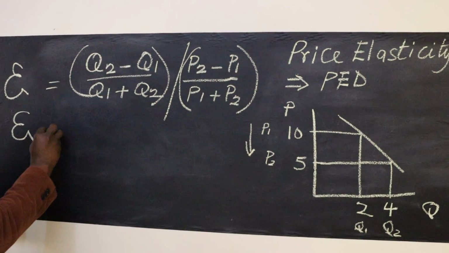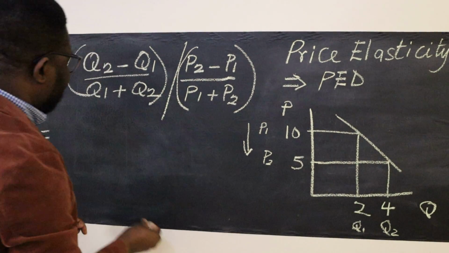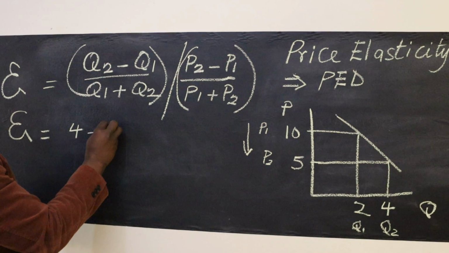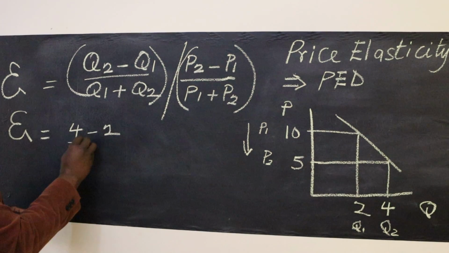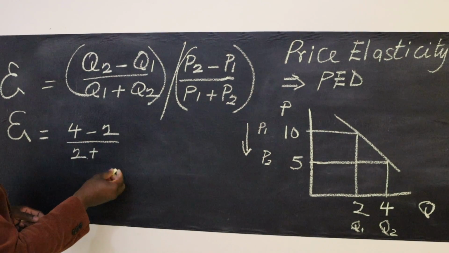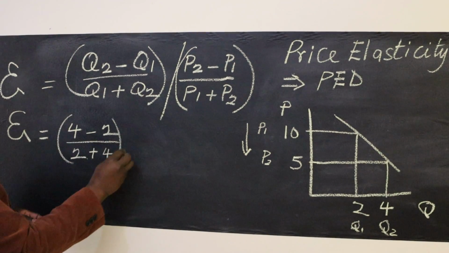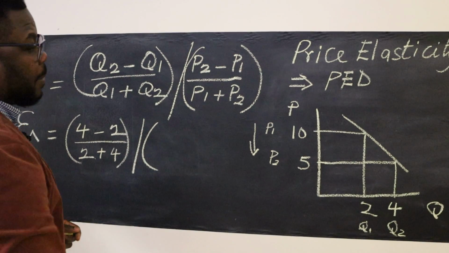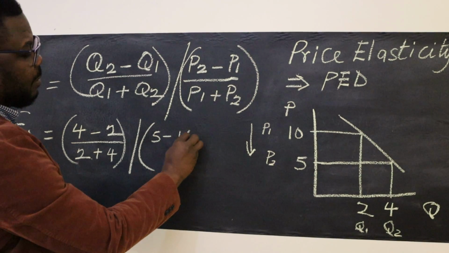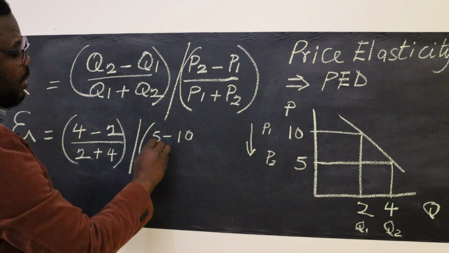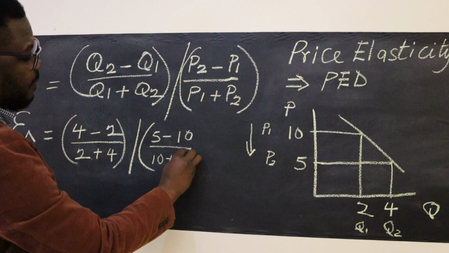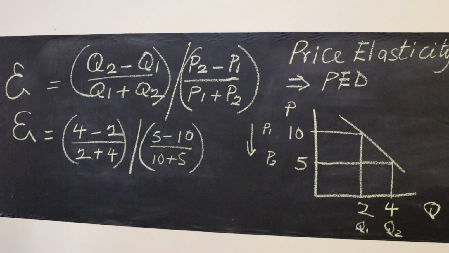Our elasticity is equal to Q2, which is 4, minus Q1, which is 2, all over the average, 2 plus 4, all in brackets, tidy it up, open another bracket, P2 is 5, so 5 minus 10, because P1 is 10, all divided by 10 plus 5.